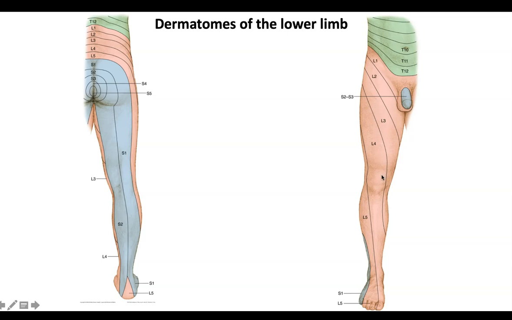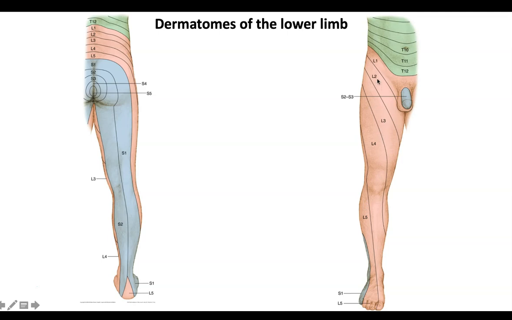So dermatome means a specific segmental part of the skin gets the innervation from a specific segment of the spinal cord level. And this is correlated with the developmental origin of the skin from that specific segment.